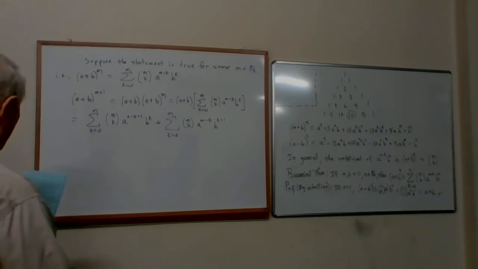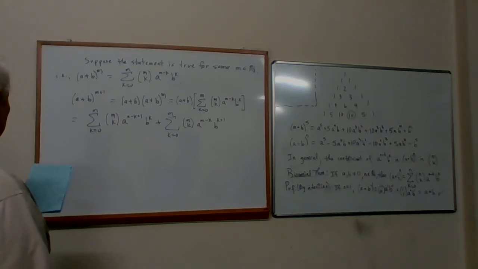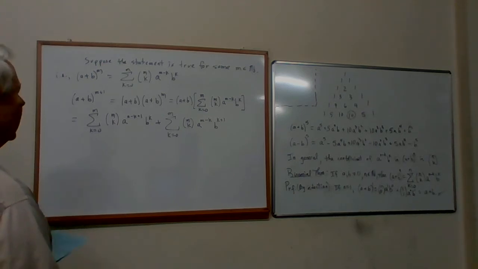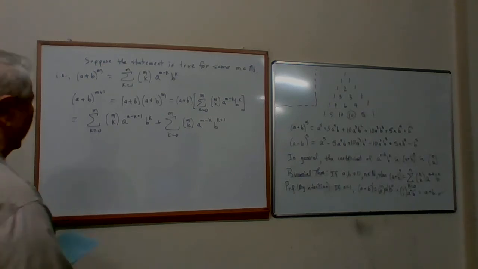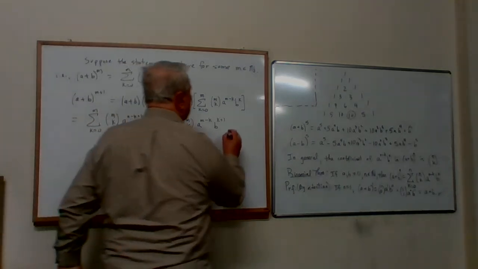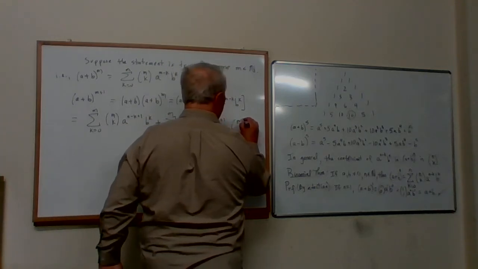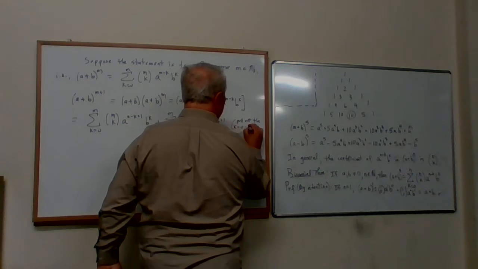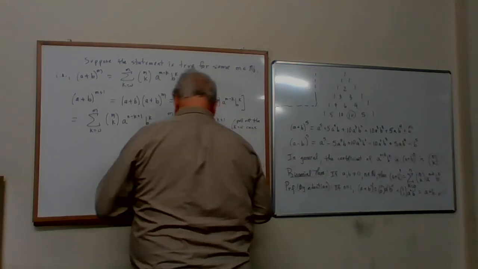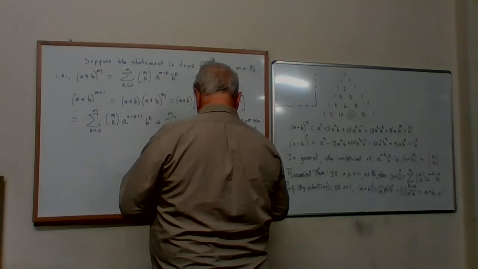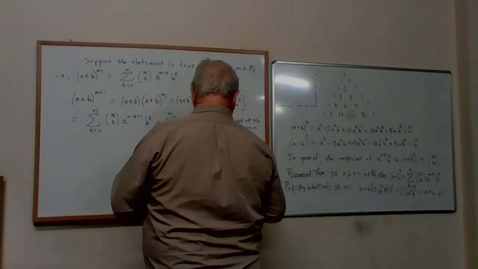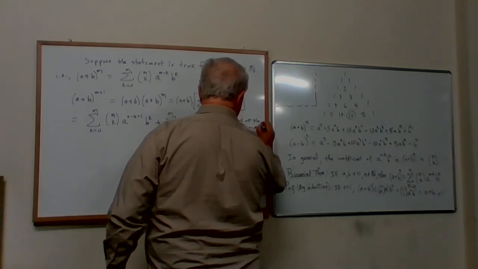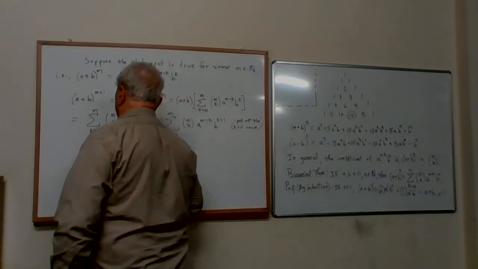Now, what I'm going to do is pull out the k equals 0 case from the first one.